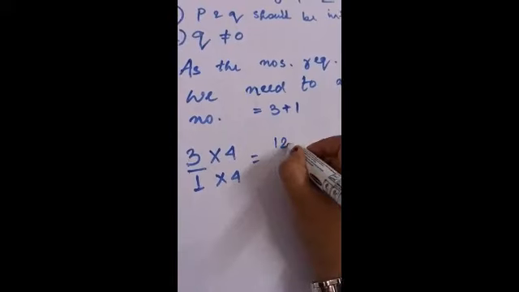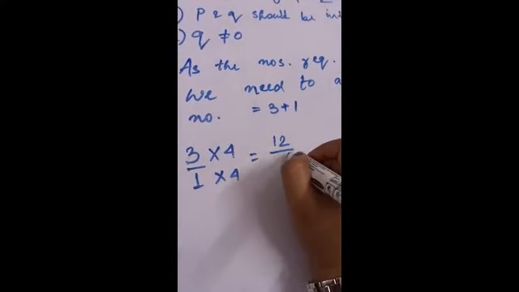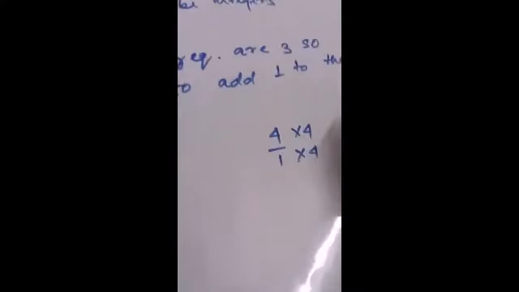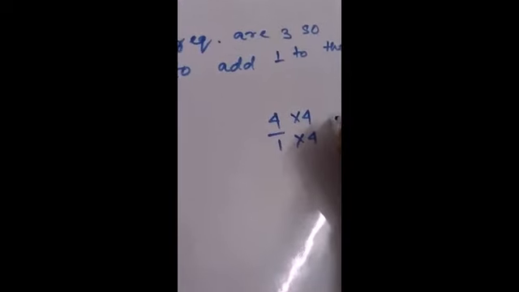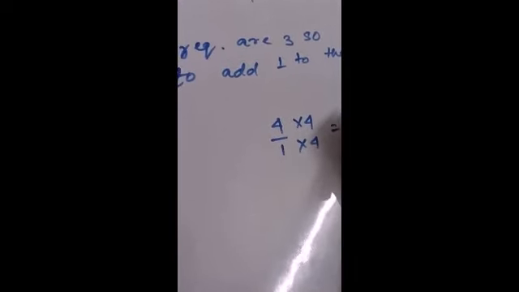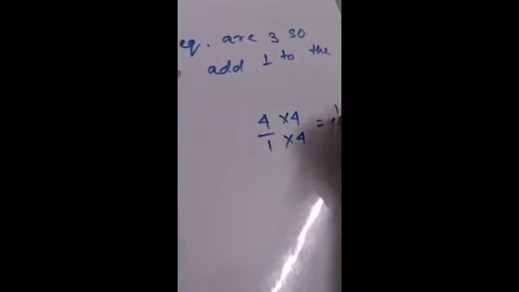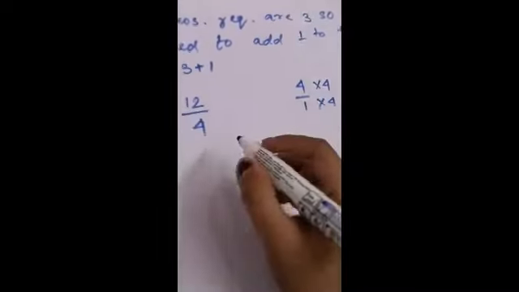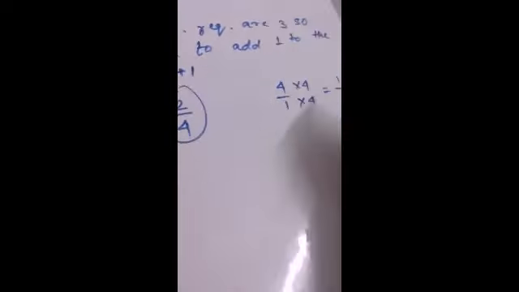So it comes as 12 and here 4, right? And here it comes as 16 and 4.